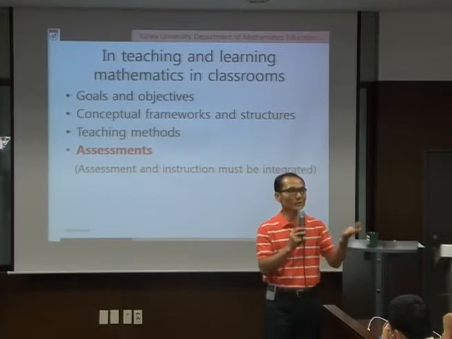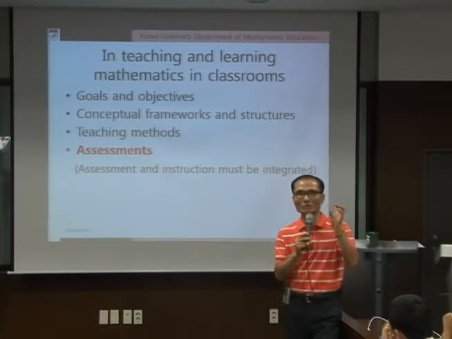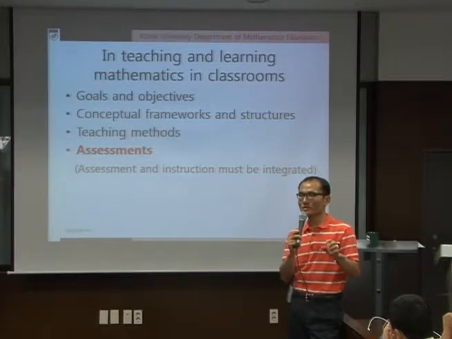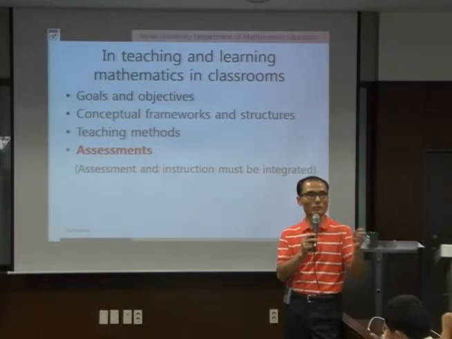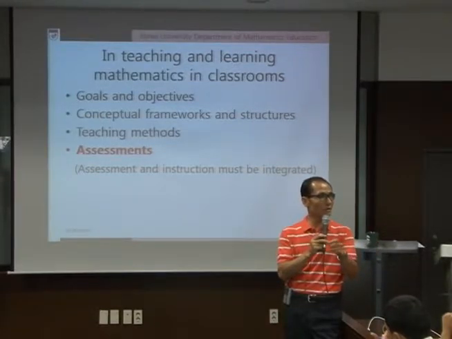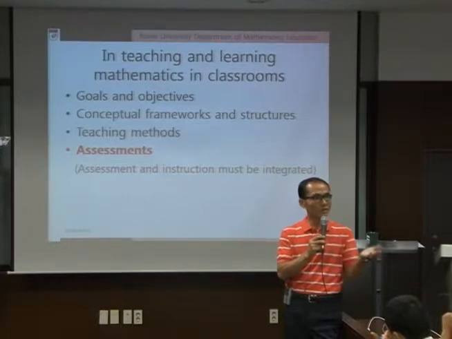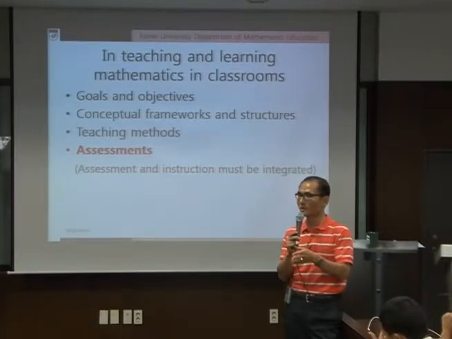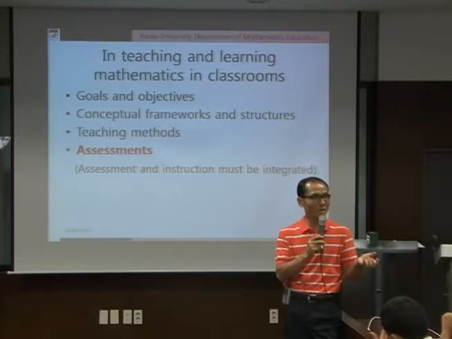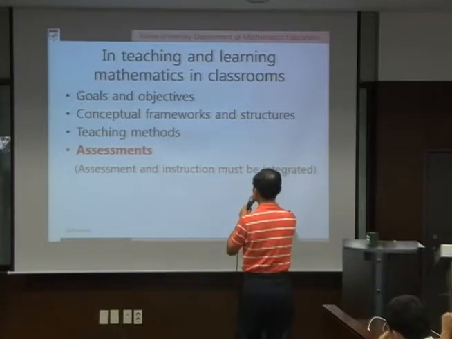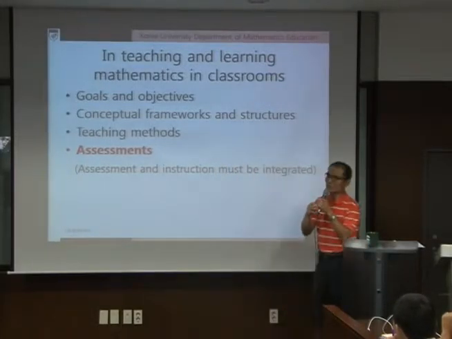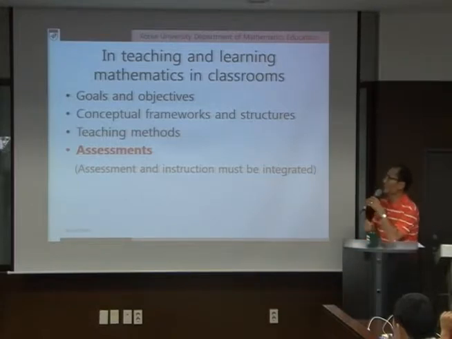Whether you accept it or not, if you teach any mathematical content, you're already using some structure. What is the first thing you use at the beginning of the class? What is second? What is third in the middle of class? How can you summarize your class? That's going to be structure. So conceptual framework and structure is another important issue in teaching and learning mathematics.